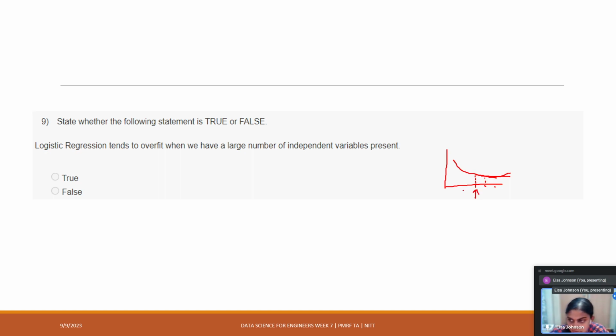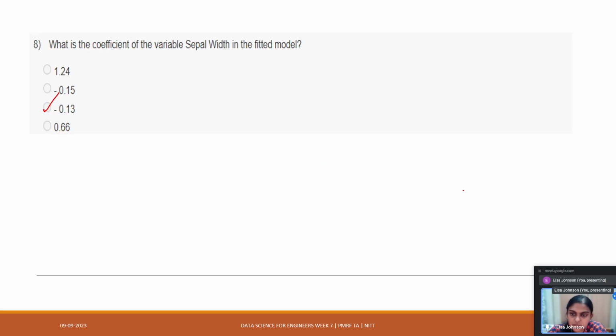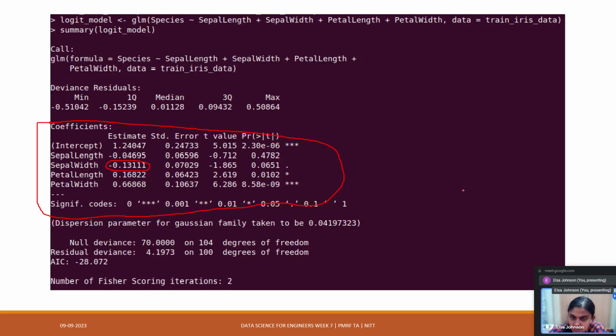That much is only needed, and you can also look at the significance. Whatever variables are not significant, you can avoid.